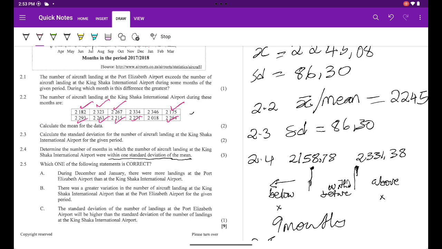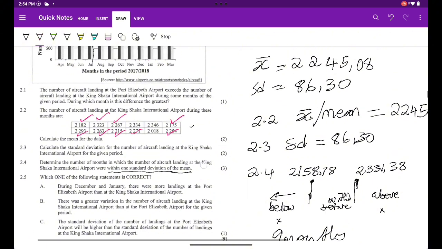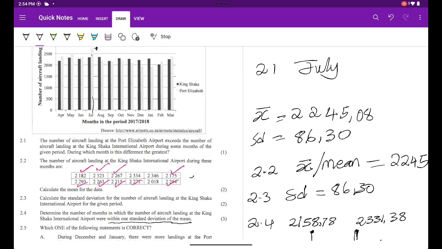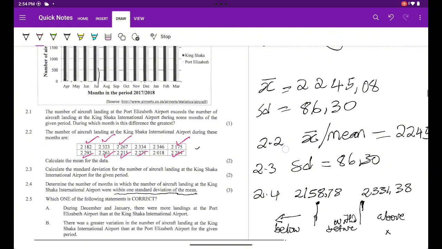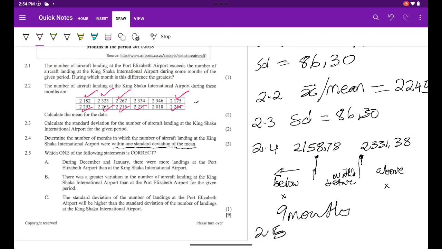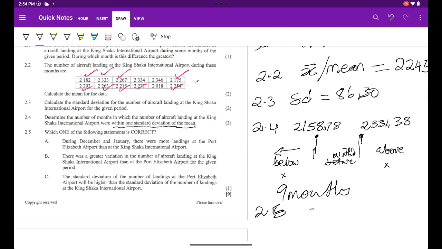This can be true because if we look at Port Elizabeth, the PE is higher in most cases. So obviously the standard deviation will be higher. So we will go with option C. C is our correct answer.